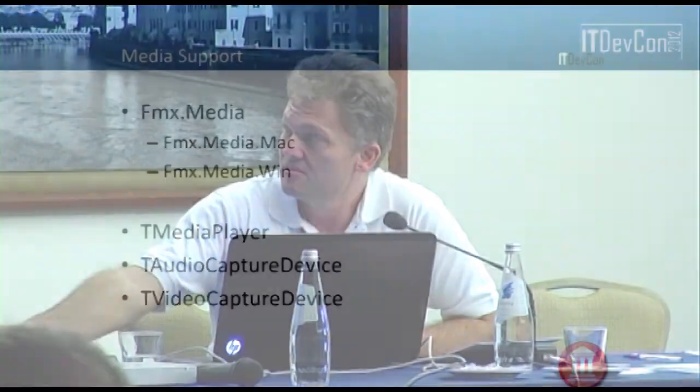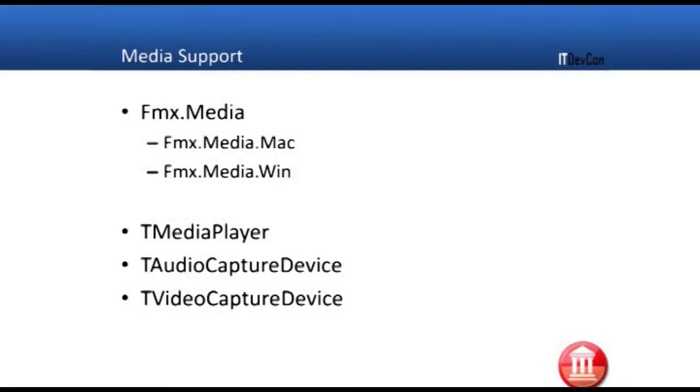Audio and video. This was the recent addition. This is available only in XE3. It's not available in XE2. There's a FMX.Media unit with two units, for Mac and for Windows, and they are compiled in depending on the platform you are compiling for.